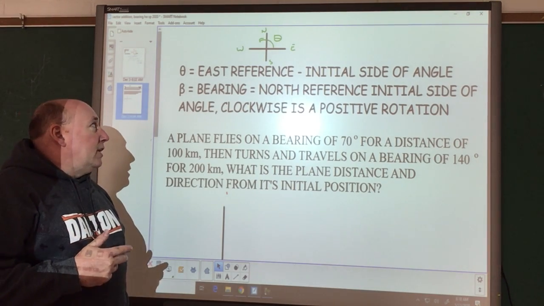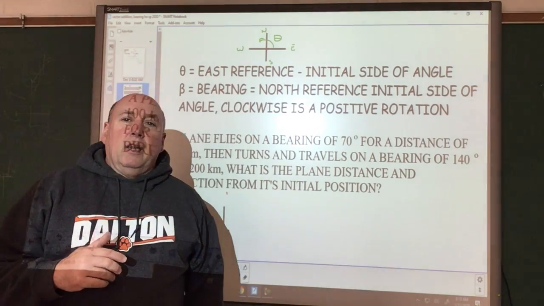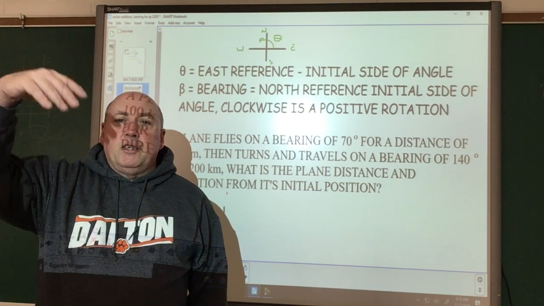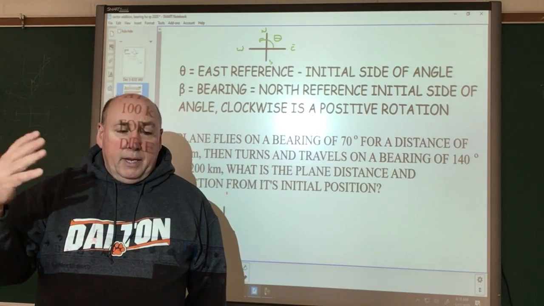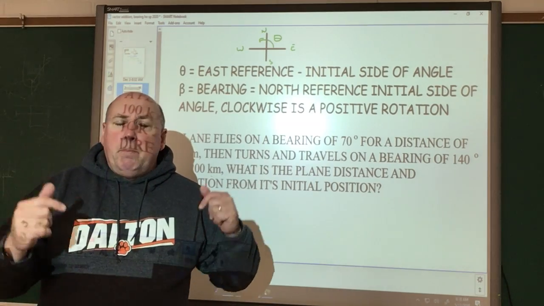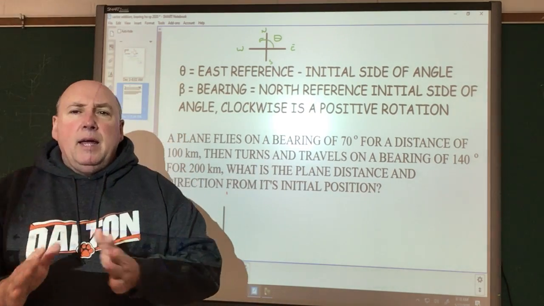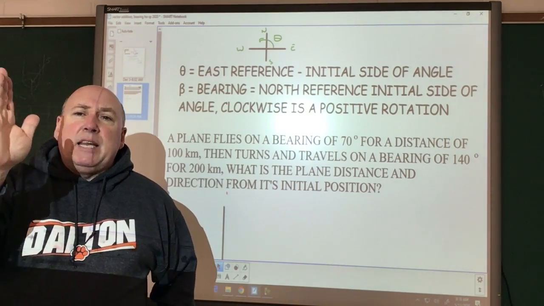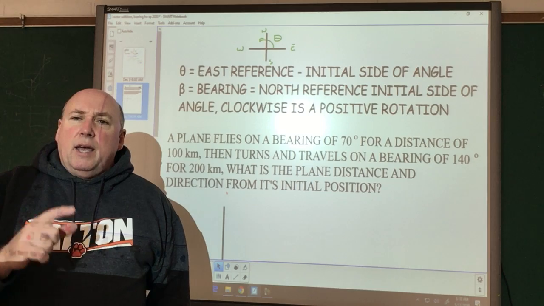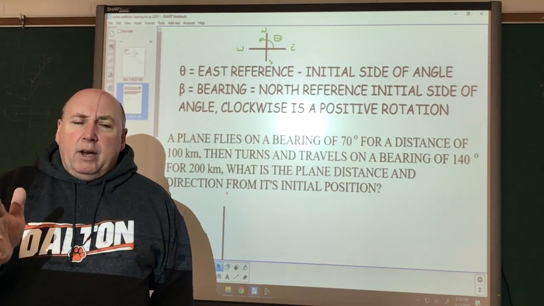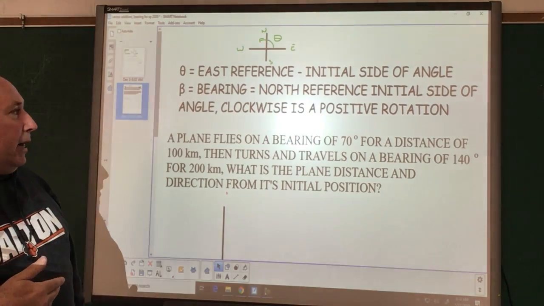Now, where bearing is used a lot is in aeronautics, or the aircraft, and also the ships that go out into the oceans and go out boating. The reason why is this is based on your compass. And the compass always has a north reference. The compass always goes towards the north. So when you're dealing with a compass, you deal with the idea of bearing.